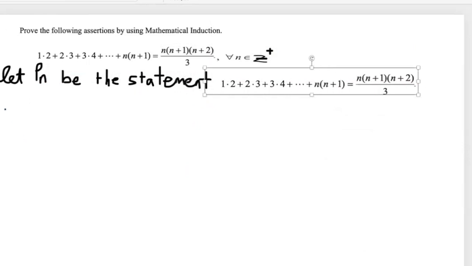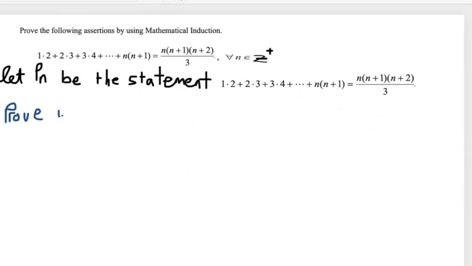Now we're going to prove true when n equal 1. When n equal 1, on the left-hand side, it's already worked out. This part is when n equal 1. But you could have done it where you substitute 1 here, but it's already here.